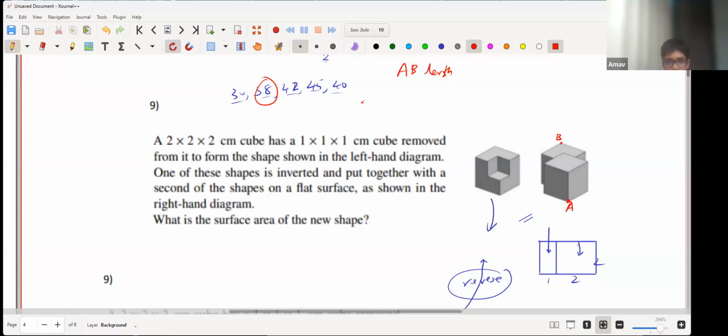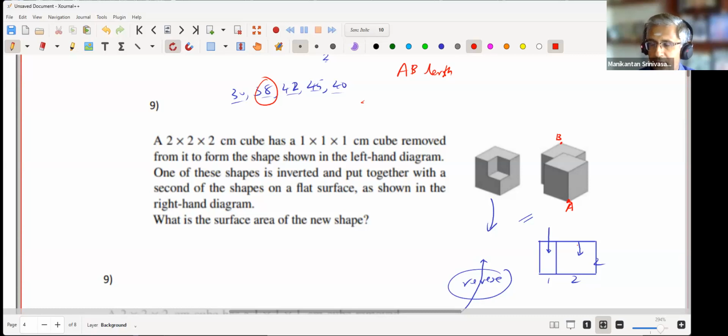So basically, you want us to find the length of that slanting line, right? Correct. The slanting 3D diagonal.